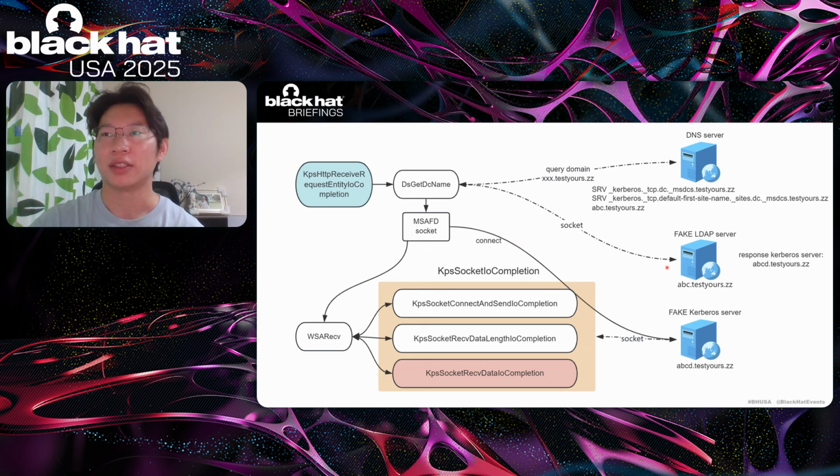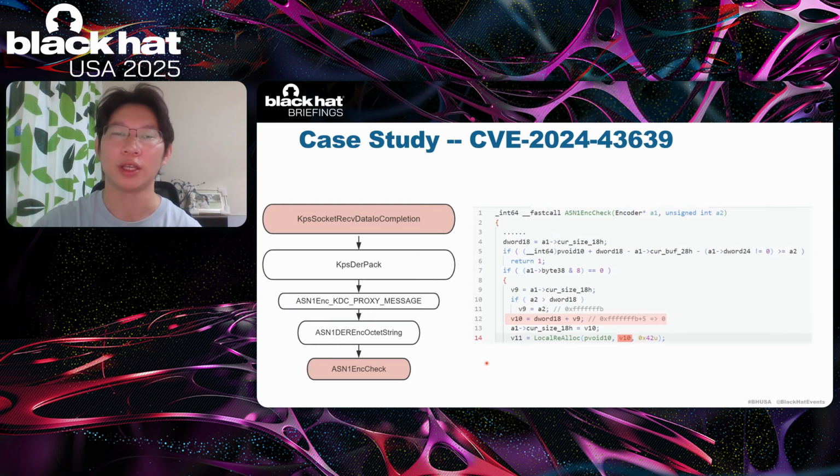Then it accesses this address using the LDAP protocol to query the Kerberos server address, say abcd.testyours.zz. After obtaining this address, in a subsequent process, the server calls the MSAFD interfaces socket to connect to our spoofed Kerberos server. At this point, the KPS server acts as a client. When it receives messages from the fake Kerberos server, three callback functions are triggered to process the received message.